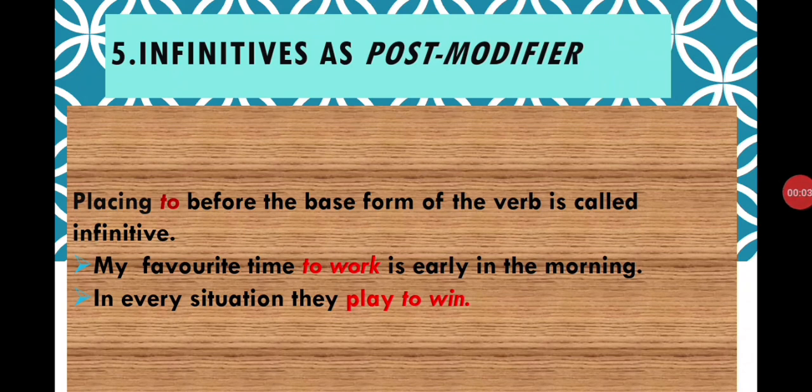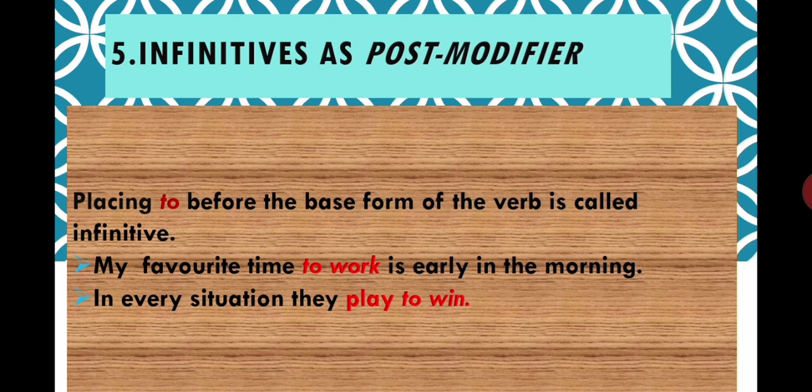Infinitives as post modifiers. What is an infinitive? Placing to before the base form of the verb is called an infinitive. That is, infinitives are usually made by placing to before the base form or bare form of the verb. Look at the example. My favorite time to work is early in the morning.